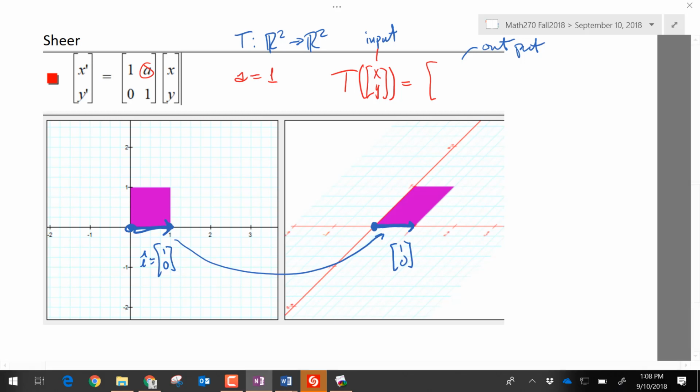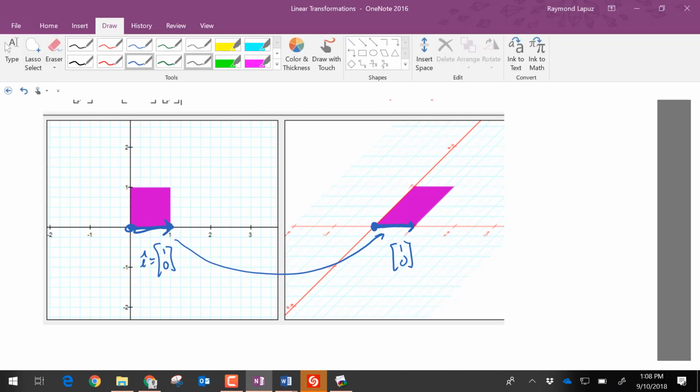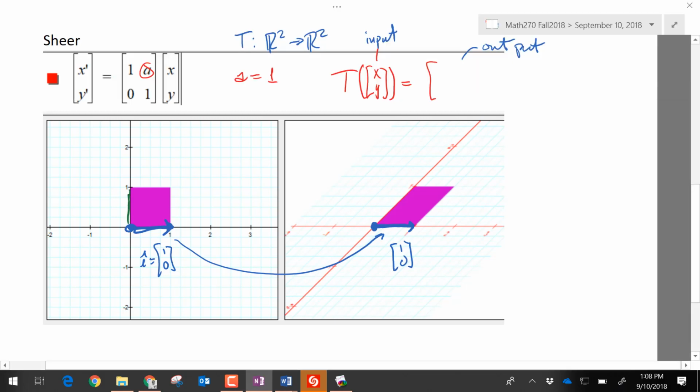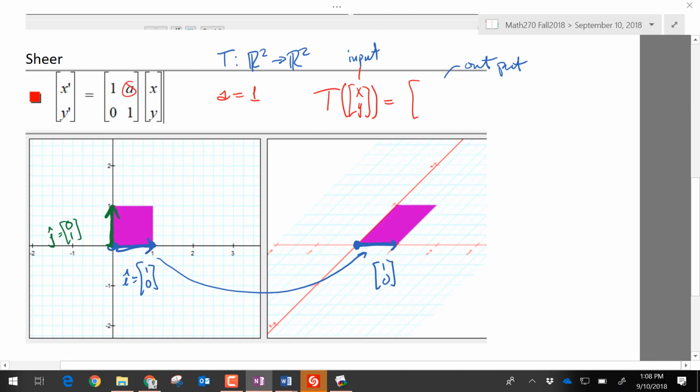Now let's take a look at the other vector, the 0, 1 vector. Which is also known as your j vector in terms of your standard basis. And where does that go? That's the one that gets skewed. Right? That's the one that tilts.